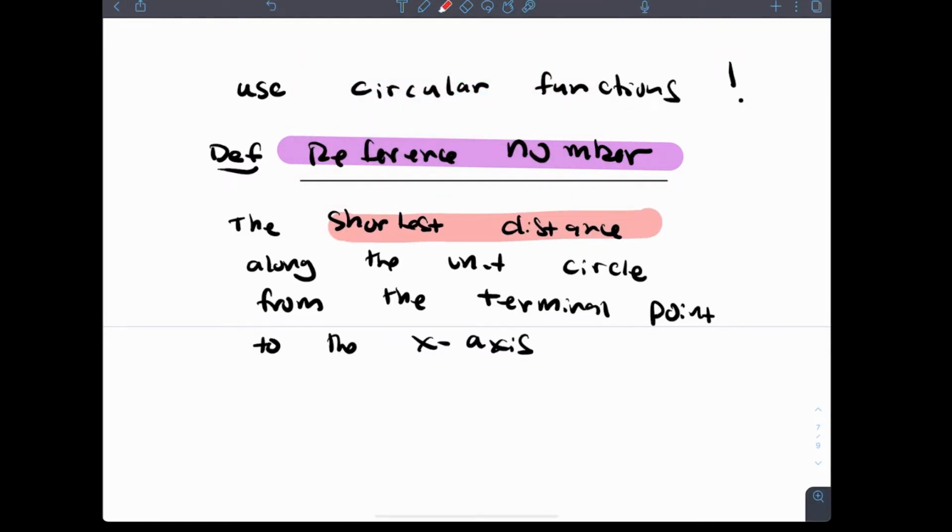Shortest distance, terminal point, to the x-axis. This is called a reference number.